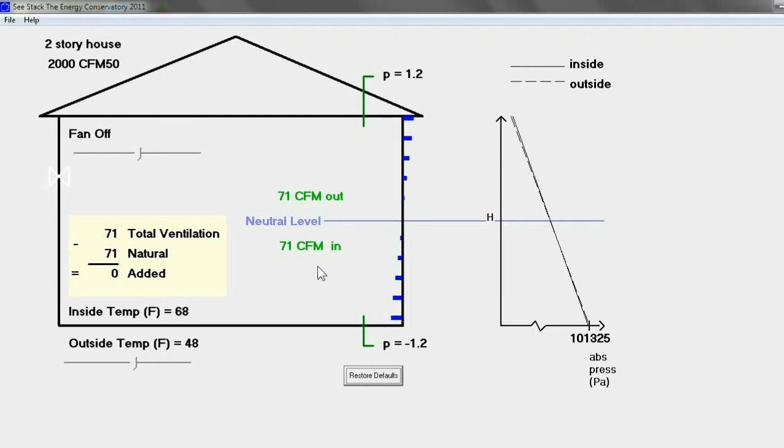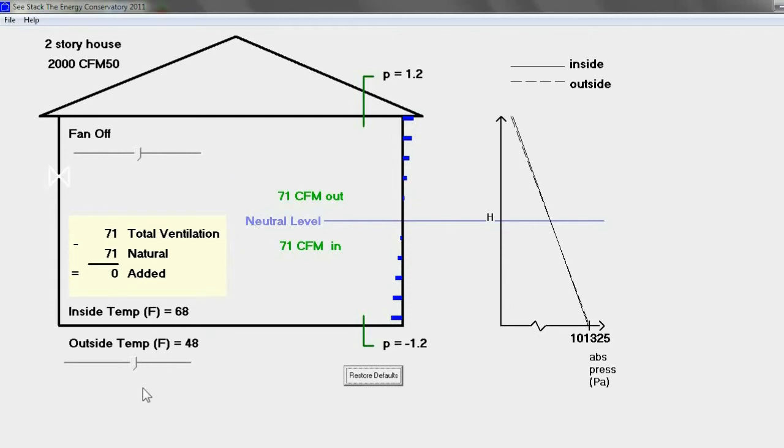So the things that are adjustable are the height of the building, the CFM 50 of the building, whether we have a net negative or positive ventilation, exhaust or supply mechanical ventilation in the building, the location of the neutral pressure plane, and the indoor and outdoor temperature.